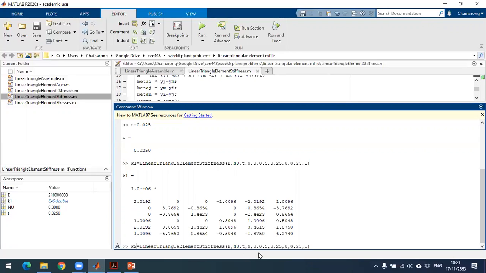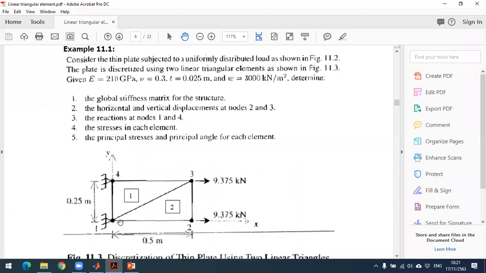For element number 2, xi equal to 0, yi equal to 0, xj equal to 0.5, yj equal to 0, xm equal to 0.5, ym equal to 0.25.